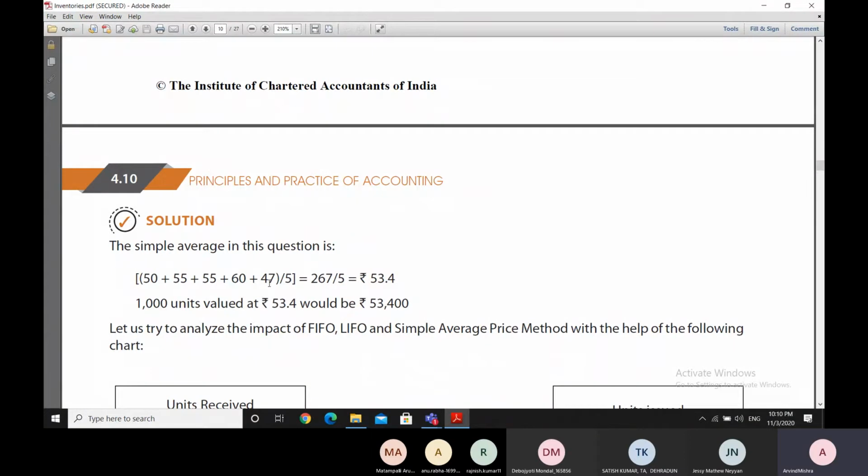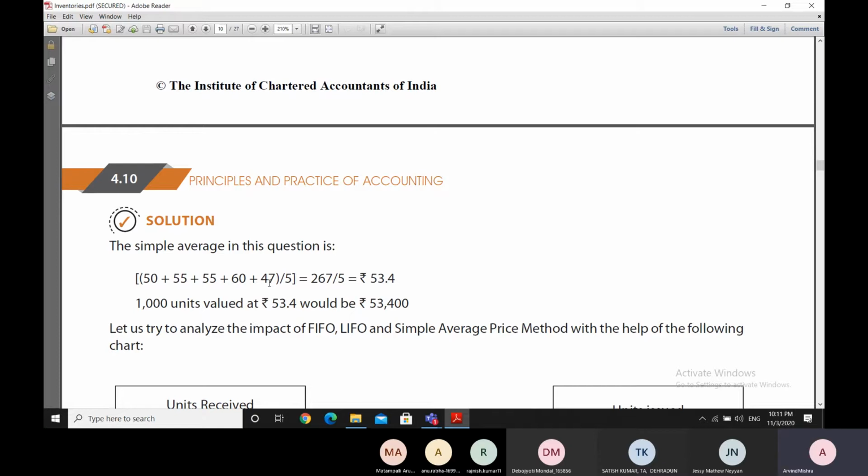or for which the condensers were purchased, and dividing them by the number of the prices. So we are getting 267 as the addition of 50, 55, 55, 60 and 47, and dividing that by 5 we get 53.4.